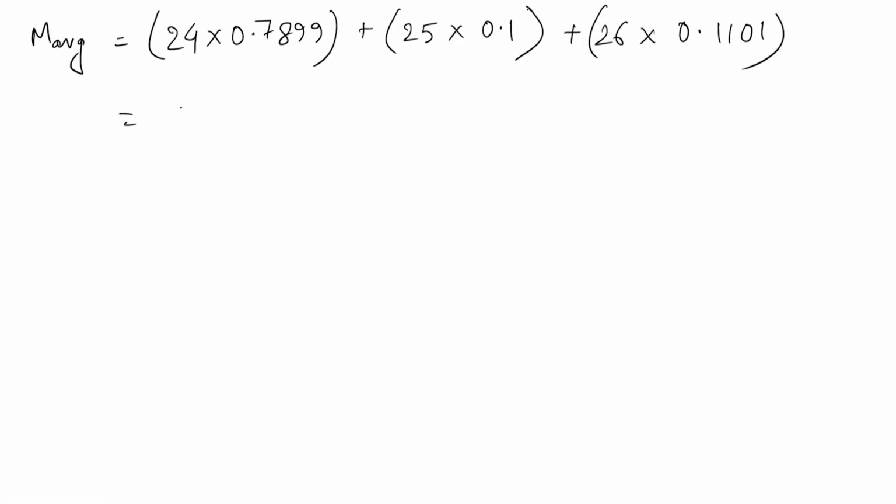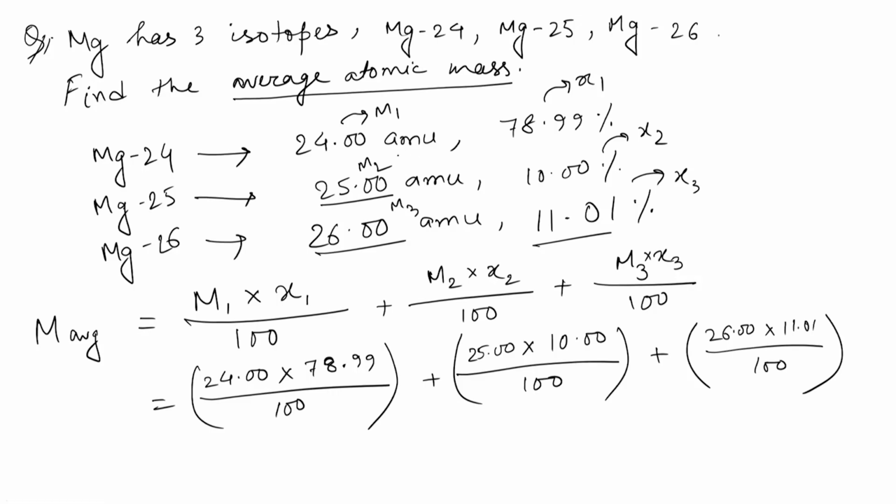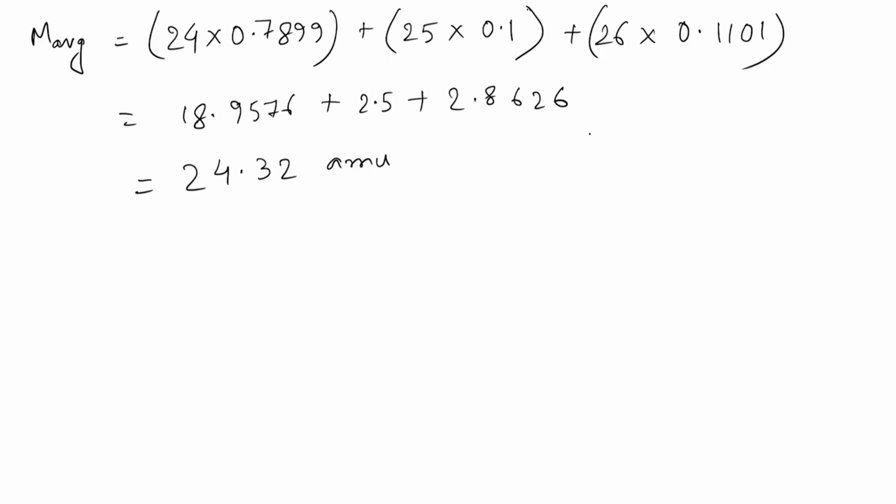So, this will come as 18.9576 plus 2.5 plus 2.8626. If we add these terms, then we get the final result as 24.32 AMU. Since all the masses were given in AMU and percentage is dimensionless, the average atomic mass will come as 24.32 AMU.